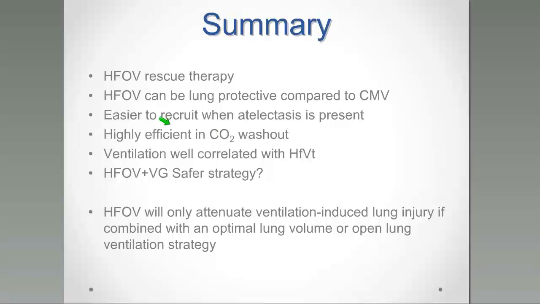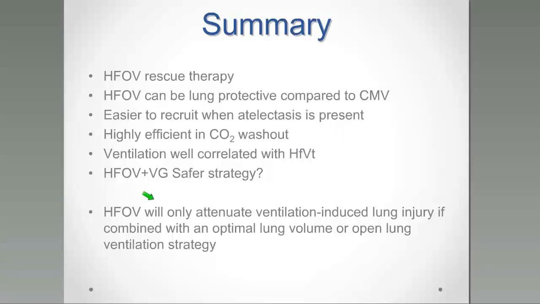Again, it is very important to remember that the ventilation is correlated to the tidal volume of high-frequency ventilation, and if you have the possibility of measuring it continuously, then you will probably be in a safer way of using high-frequency ventilation, preventing sudden increases or decreases in the CO2.